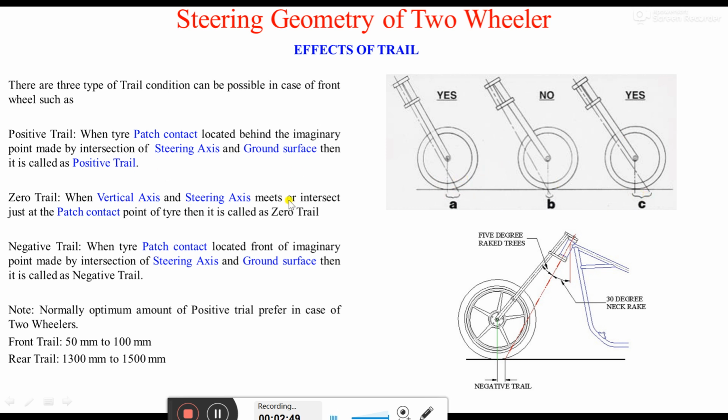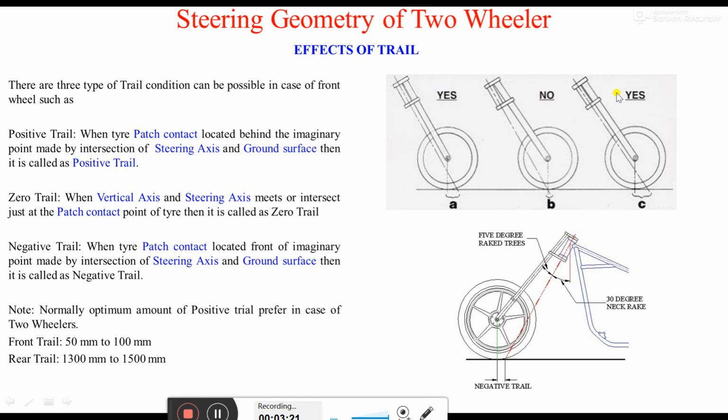Now what is a zero trail? When the intersection point of the steering axis and the vertical axis lies at the tire patch contact. It means that if the steering axis and the vertical axis both intersect the ground at the same point, the tire's contact patch with the road surface, then we are getting a zero trail. Okay, it is not acceptable.